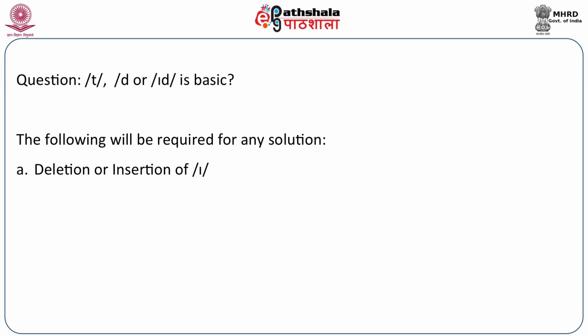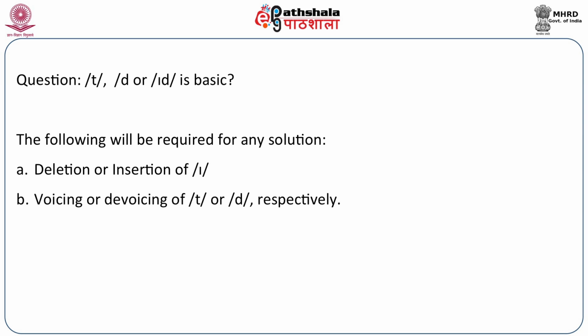No other change is required here. So the form d is found in bagged, the form d is also found in wanted. The wanted has an E insertion. And then there's another rule which accounts for devoicing of d to t.